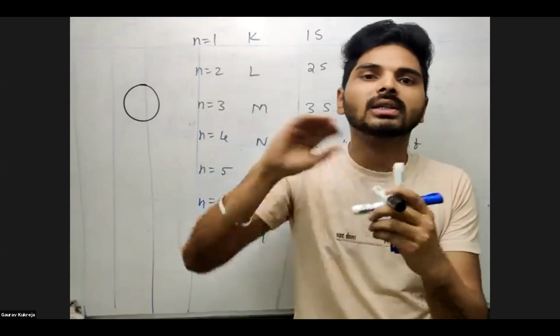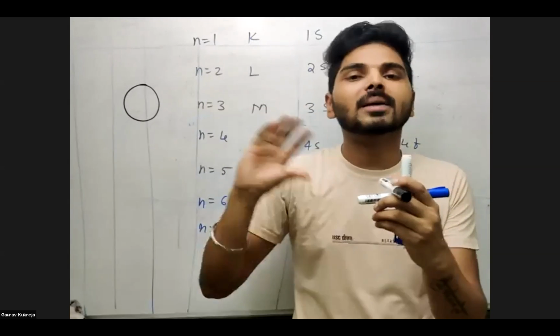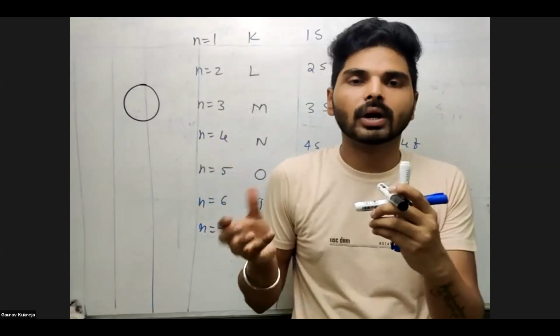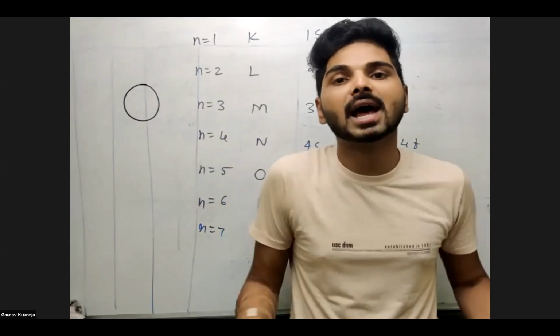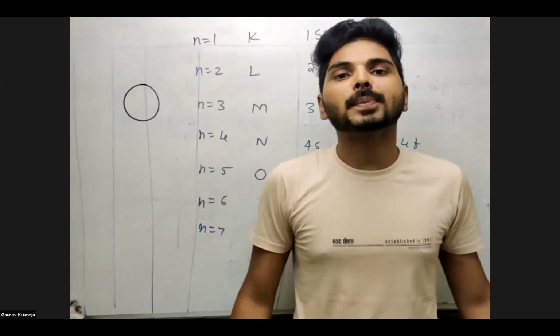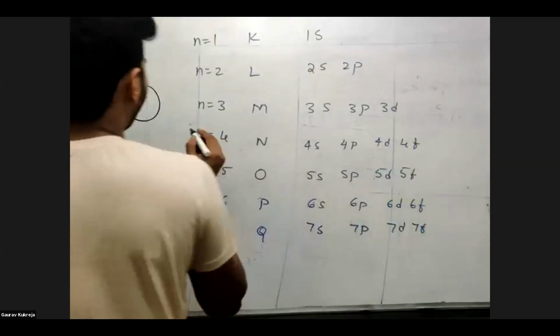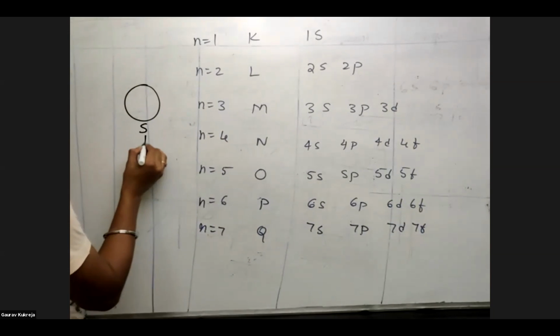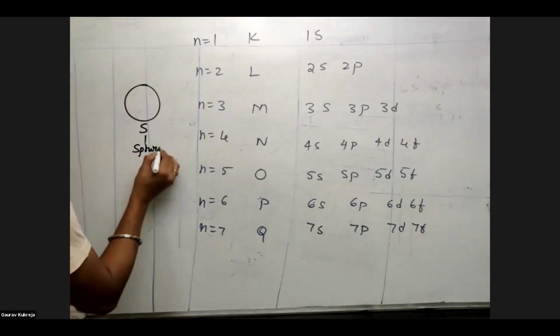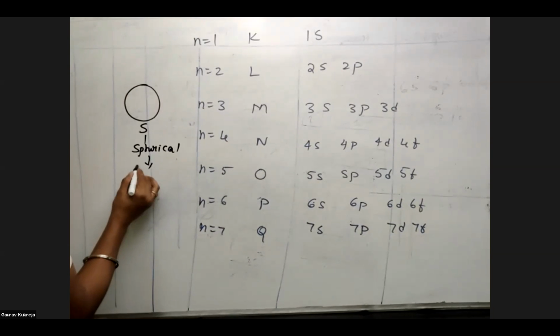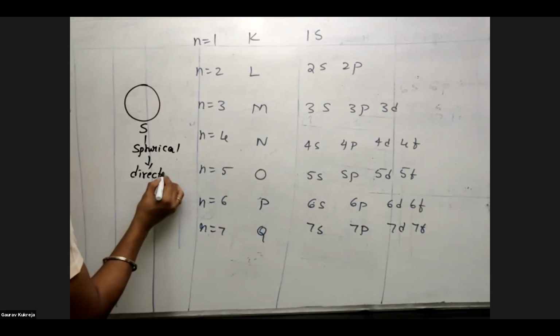It is present in all three axes. इसका मतलब, spherical in nature है उसका. So spherical nature is the three-dimensional shape, and its presence is there in all the directions. So I can say spherical is a directionless orbital.